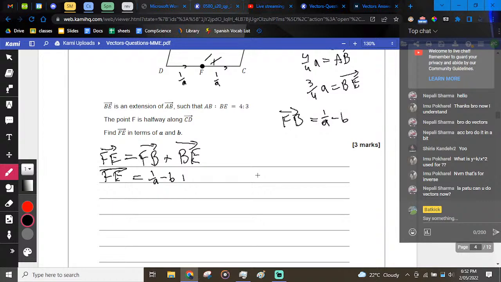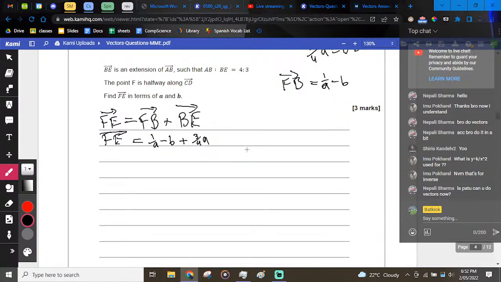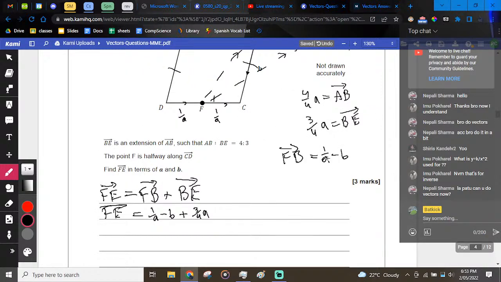Right, back we are. What is B to E again? 3/4 of a. Now we can simply put like terms together. Wait, what happened here? It's half an a, guys.